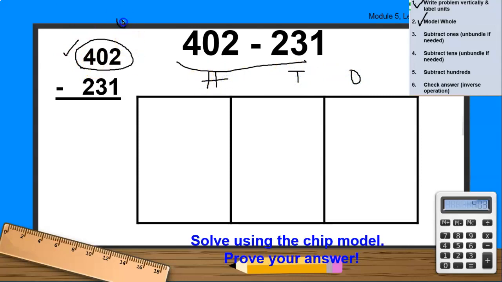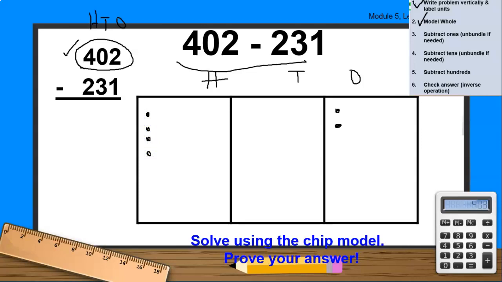And here's the reason why you need to label your vertical form. This 2 in the ones place tells me to draw 2 ones. This 0 tells me to draw 0 tens, and this 4 tells me to draw 4 hundreds. 1, 2, 3, and 4.